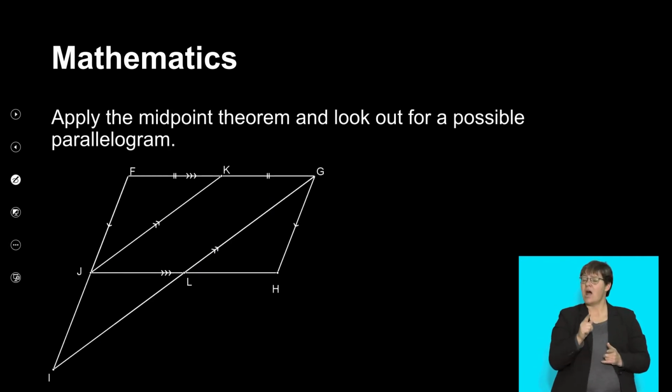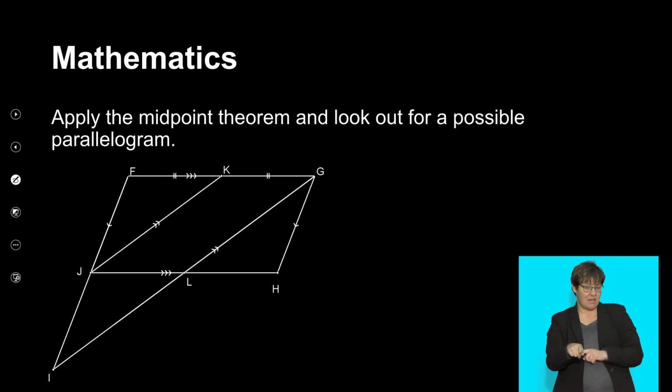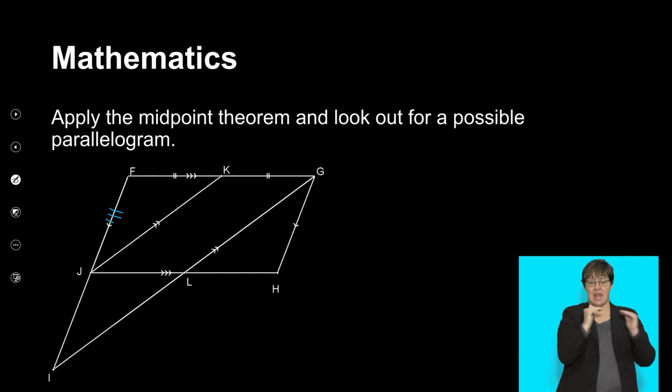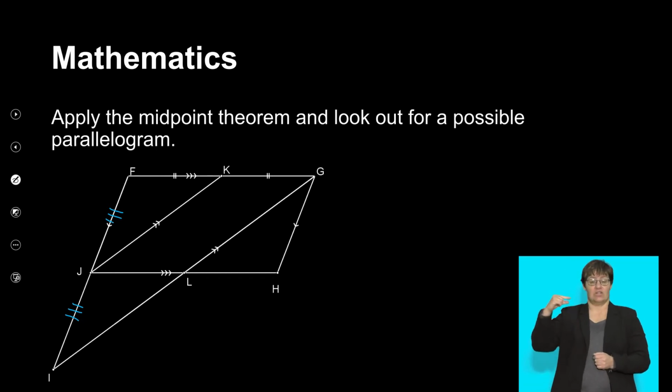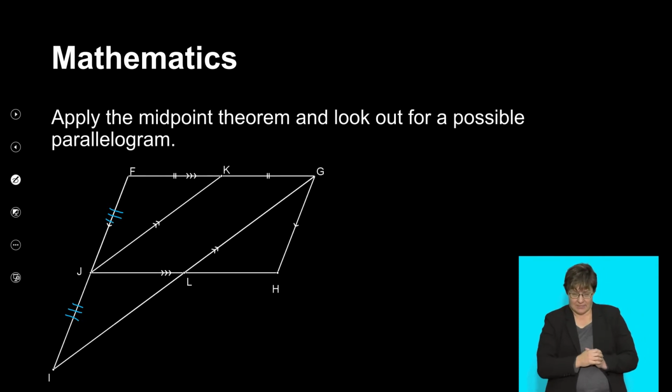Now, if we apply the midpoint theorem here and look for a parallelogram, we can then claim that we know this FJ is equal to JI there, because that's where the midpoint theorem will be. And if that is the case, it then means that JK is half of IG, or GI, rather, if we can use it like that.